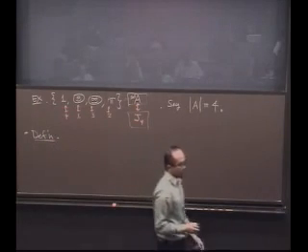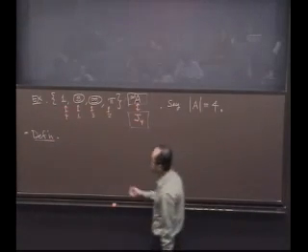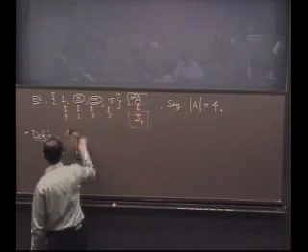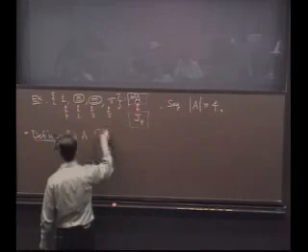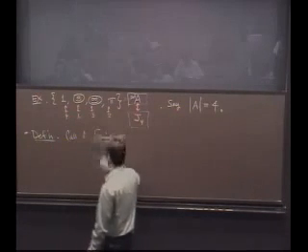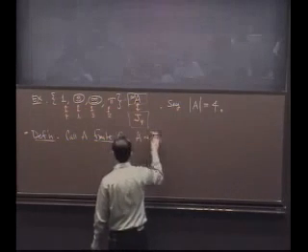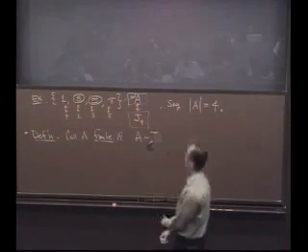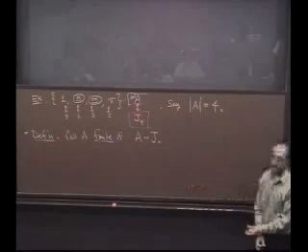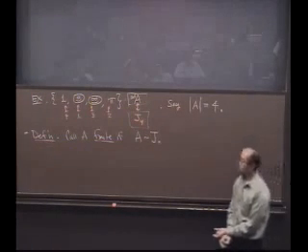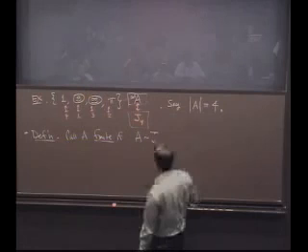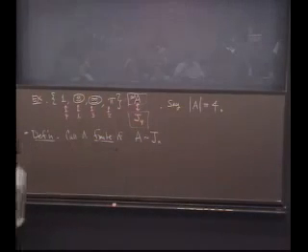We will call a set A finite if A can be put in one-to-one correspondence with one of these initial segments of the natural numbers. Let me add one thing here.